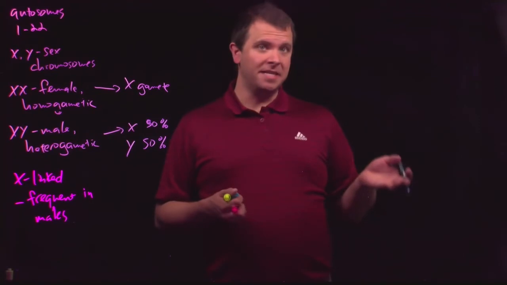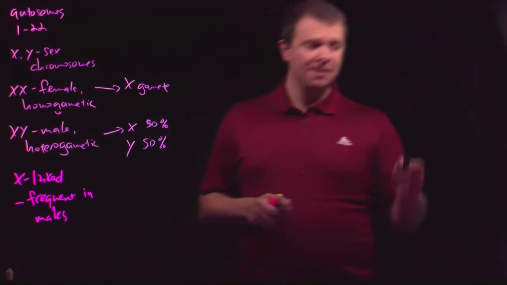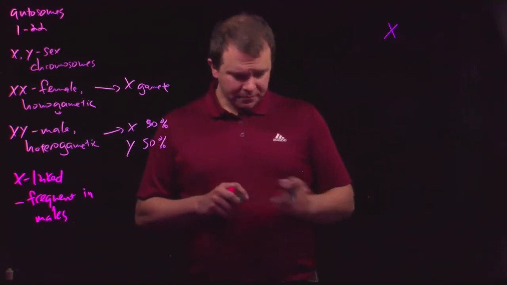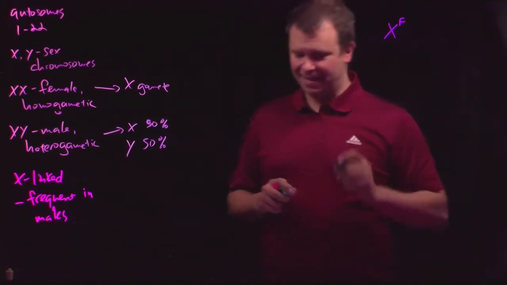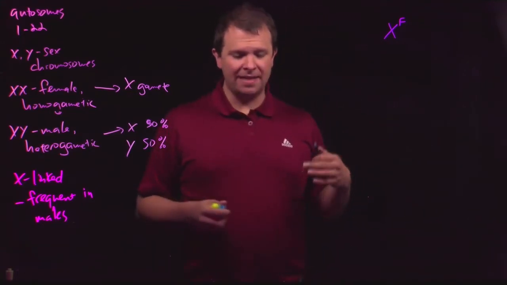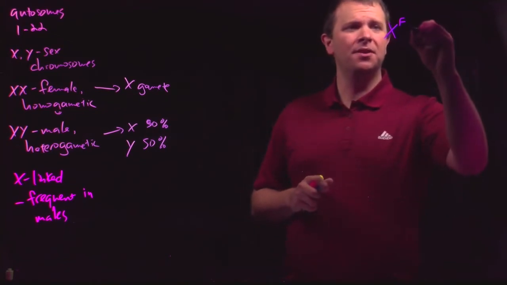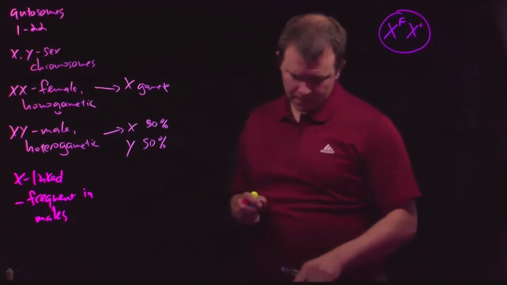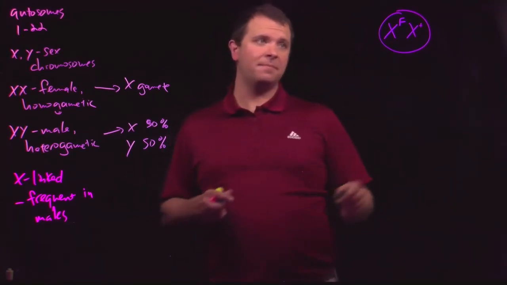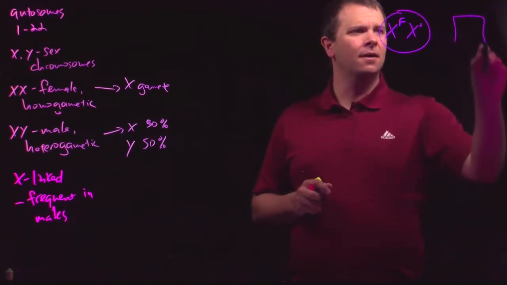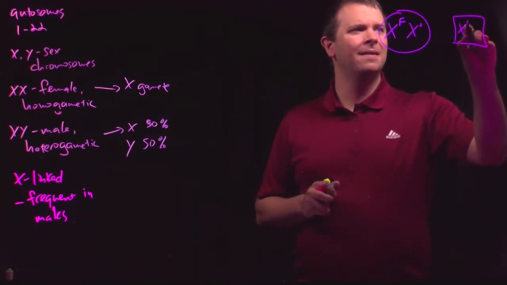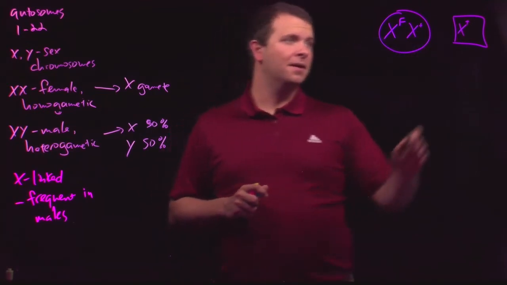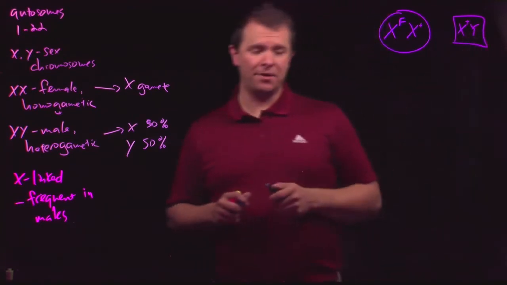And I actually have a dear friend who is a carrier, and so she has one X chromosome with the repeat expansion, and so we'll go ahead and call that XF, and she has one X chromosome with the normal number of repeats, and we'll call that one X+. Her husband is phenotypically normal, and so her husband has an X chromosome with a normal FMR1 allele, and he has a Y chromosome.